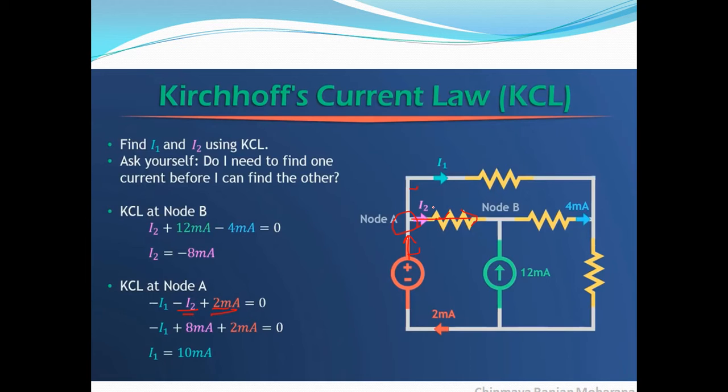The next one is I1. I1 is also going from node A. Clear? So this is also negative. So by solving this equation, we find I1 equals 10 milliampere.